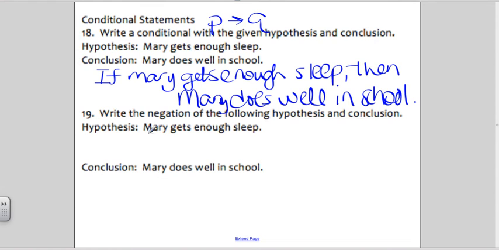Now on number 19, we want to write the negation of both of those. The negation, remember, is the opposite. So if my hypothesis is Mary gets enough sleep, the negation of that would be Mary does not get enough sleep.